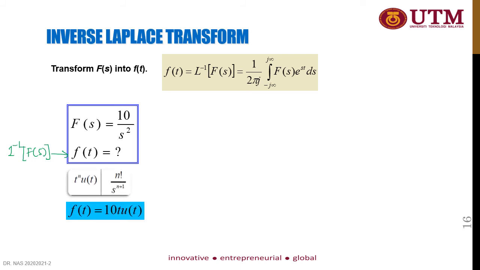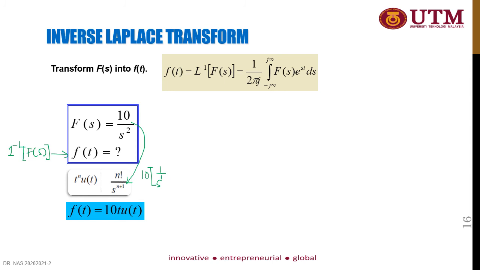If you have this function, the closest one will be this equation in the table. Now you need to modify this equation a bit, so it becomes 1 over s to the power of 2.